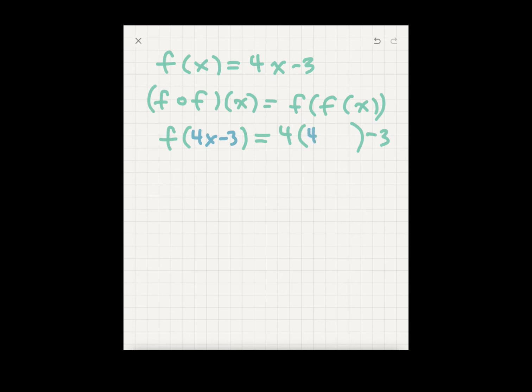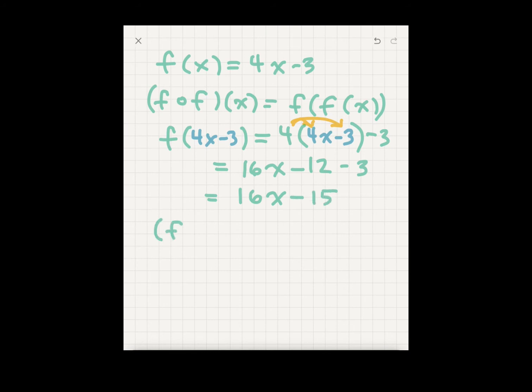That means the 4x minus 3 goes in that spot. And this one's a lot easier than the last one. Don't forget to distribute. So I get 16x minus 12 minus 3. So I get 16x minus 15.